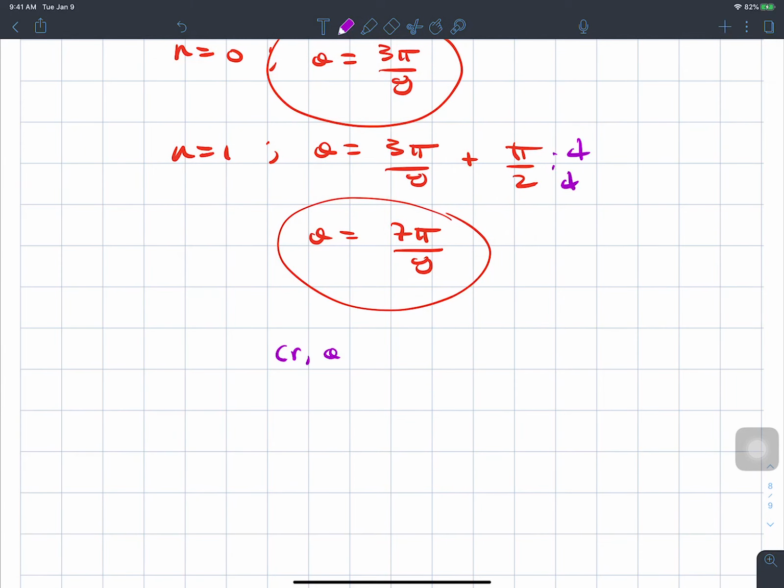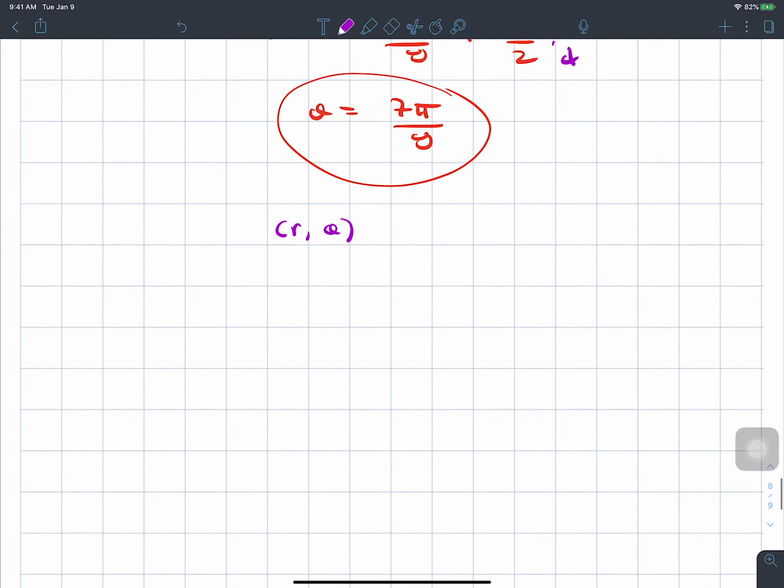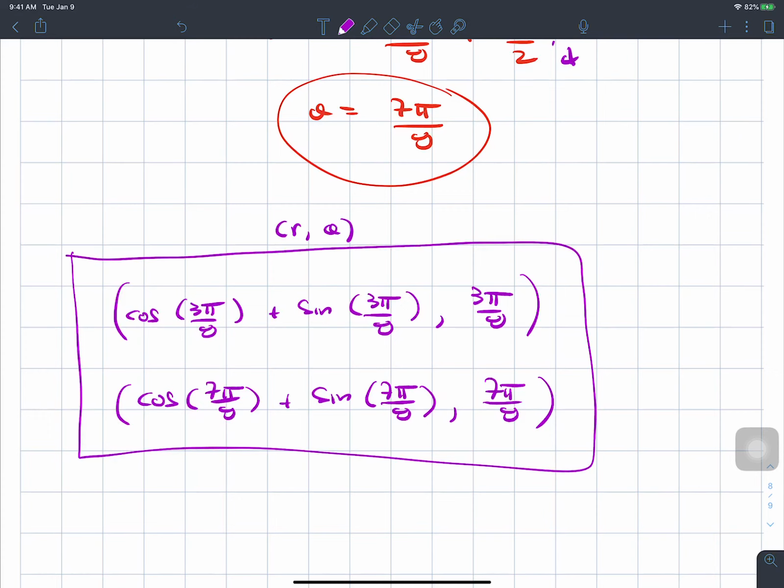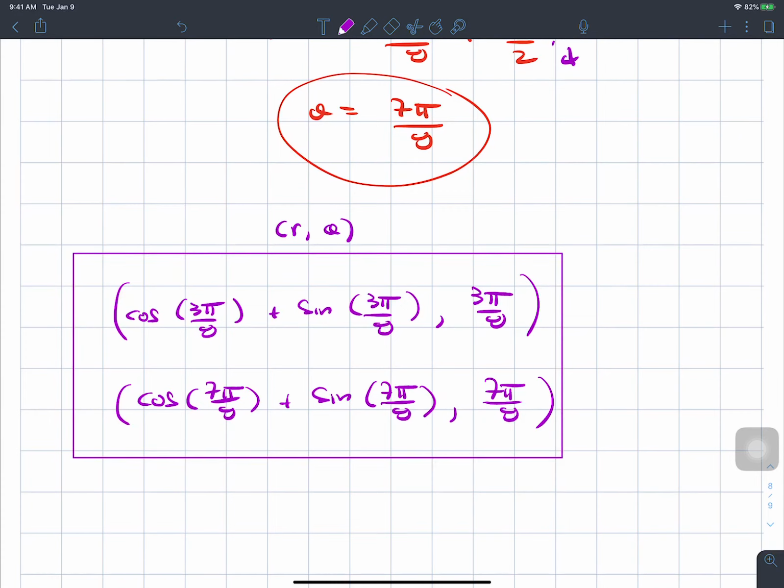It is r theta. So here are the two solutions. It is cosine 3 pi over 8 plus sine 3 pi over 8, and the angle was 3 pi over 8. And the other answer is cosine 7 pi over 8 plus sine of 7 pi over 8, and the angle is 7 pi over 8 here for you guys. Horizontal tangents.